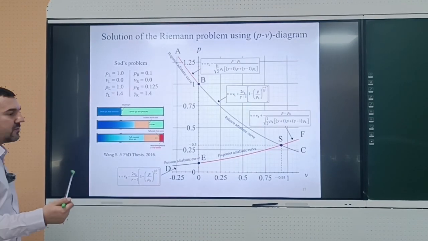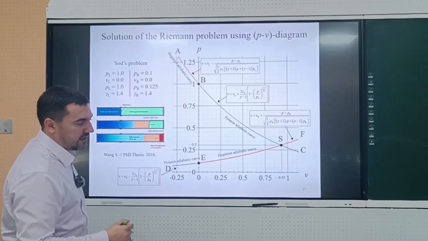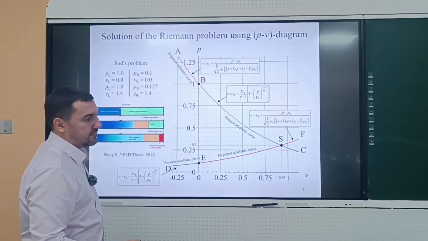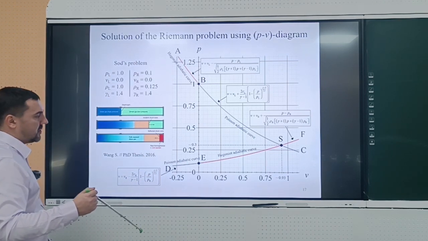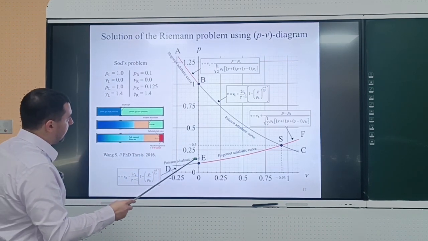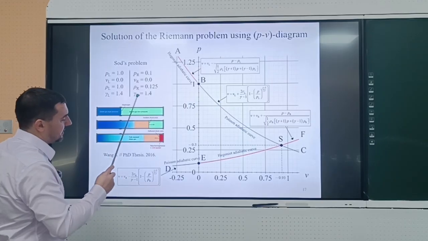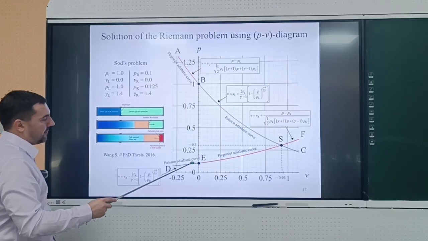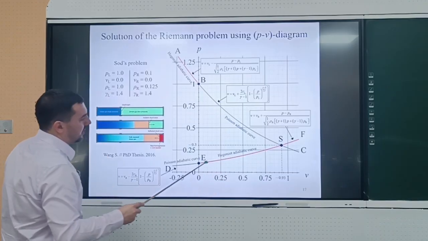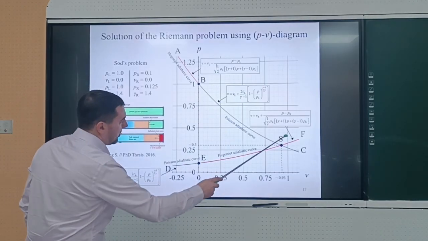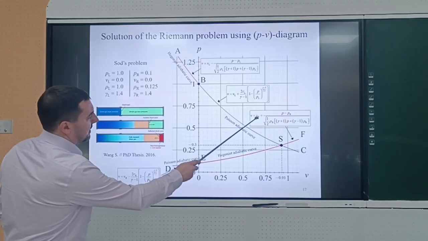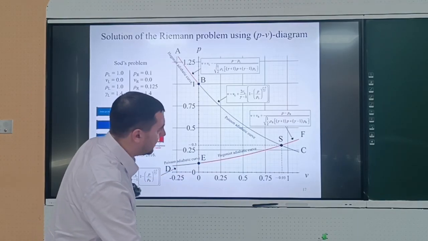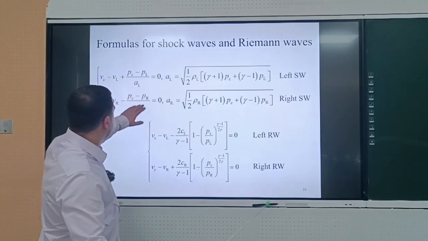We can compress this gas in a shock wave, or the pressure can be decreased in a rarefaction wave. So for the state E, to the right of the initial discontinuity, we should plot the Hugoniot adiabatic curve. This is the right shock wave, here V equals VR, and so on.